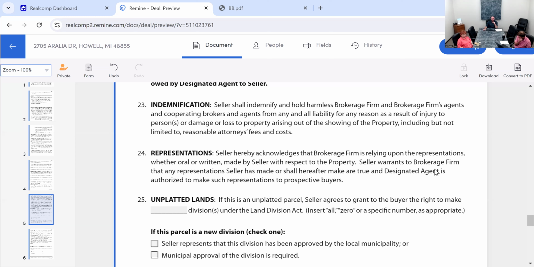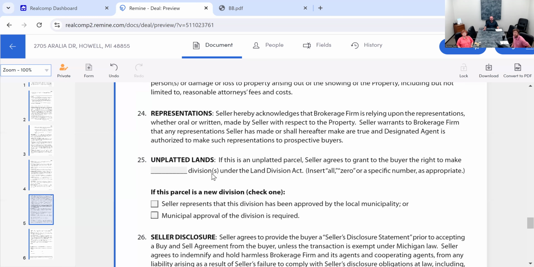Seller warrants to us that any representations they have made are true, and that the listing agent is authorized to make such representations to prospective buyers. So if they say there's never been water in the basement, we can reasonably rely on that being a true statement from their perspective, and we can tell others that. If it turns out later they were lying, and it can be proven, we have this to protect ourselves at least.